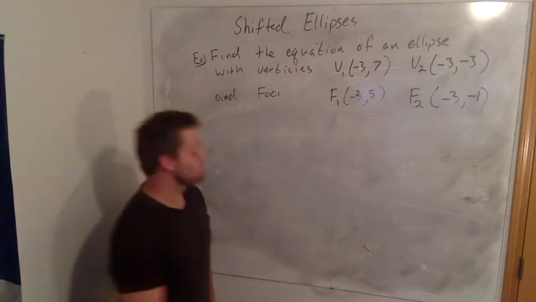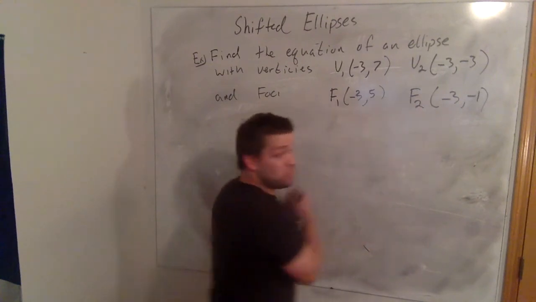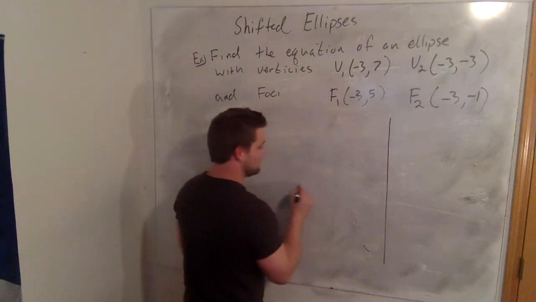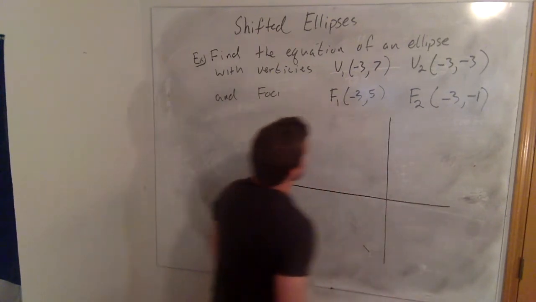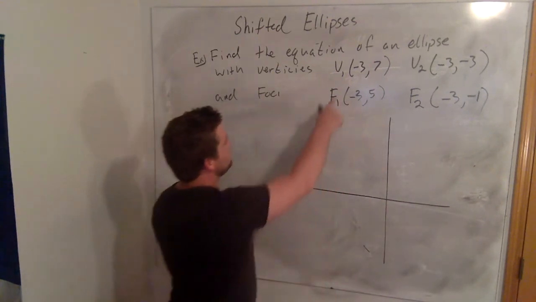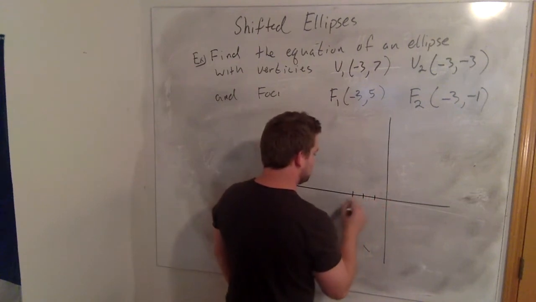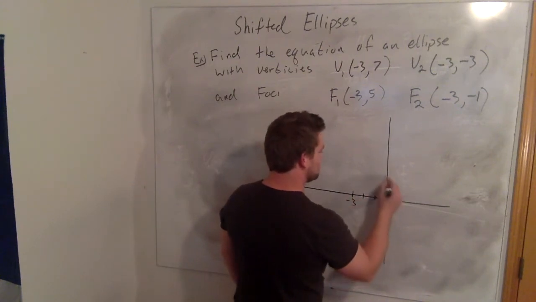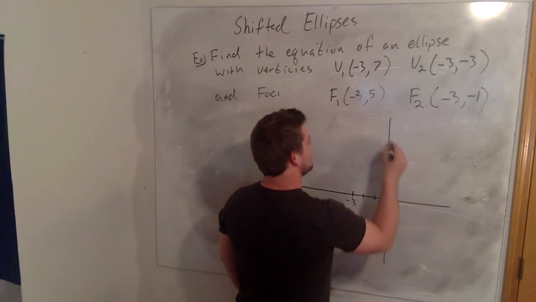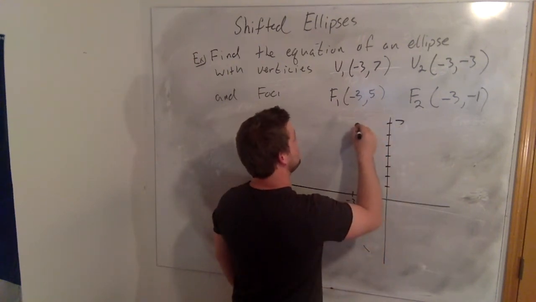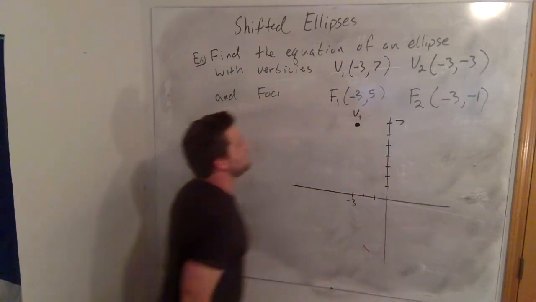Okay, let's do it. I think it's going to be nice to plot these points. One of the vertices is at -3, 7. So here's -3, here's 7, so -3, 7. This will be one of the vertices. We'll call this one V1.